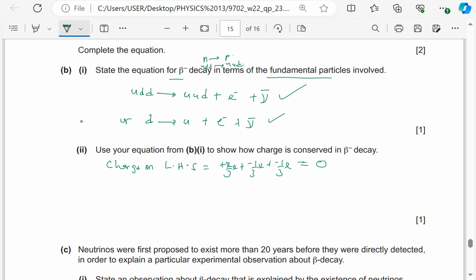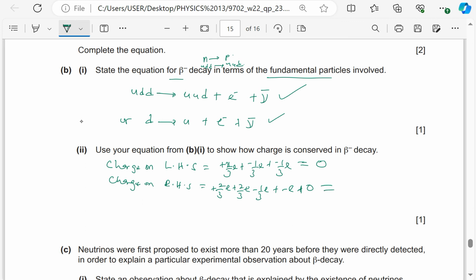Then on the right hand side, the charge is going to be, of course, we have up, up, down, so that is 2 over 3e plus 2 over 3e. Then down is minus 1 over 3e, then plus the electron, which is negative e, then plus 0 for the antineutrino.